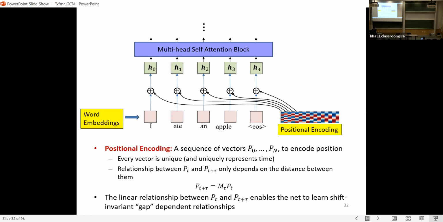That seems like a problem because then what does taller mean? It's not symmetrical. One's supposed to be the object, one's supposed to be the subject. So you want the position of the words to be in the data in some form. In the RNN, you didn't have that problem because the RNN naturally has position since it sees the first word first and then the second word second.